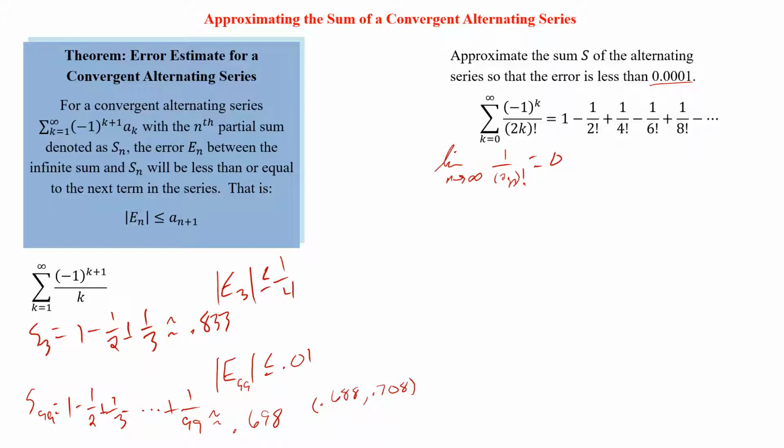So that's there. And then making sure it's less. Logically, every time we go, we're going to have 1 over a bigger number. It's going to be going down, but we could also do the ratio.